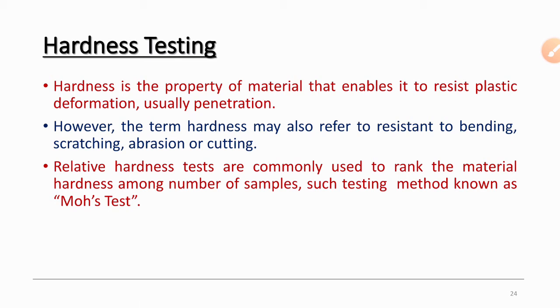The same amount of load is added on both material A and material B. If the depth of penetration on material A is more than the depth of penetration on material B, then you can say that where the depth is more on the same amount of load, the material is soft.